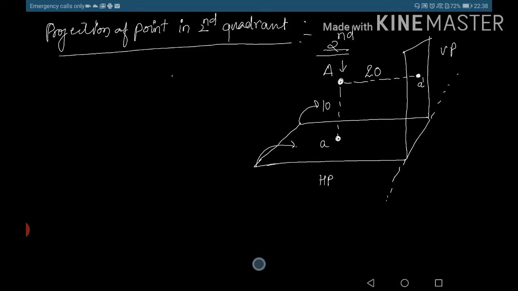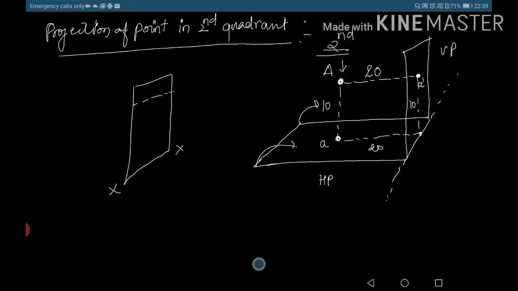So this is my vertical plane, and the horizontal plane also comes up. Let's say this shows my horizontal plane and this is XX. Now this distance is how much? 20, as distance from this on the horizontal, and this distance is how much? 10.